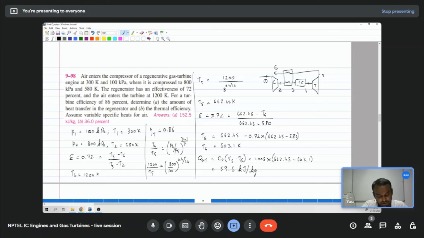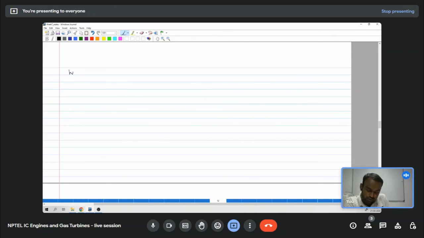For thermal efficiency, we want the work output from the turbine and the compressor. The compressor work is H2 minus H1, which is Cp into (T2 minus T1).